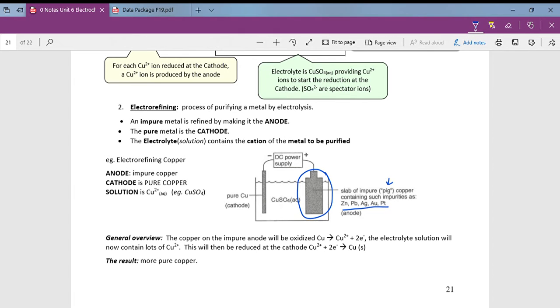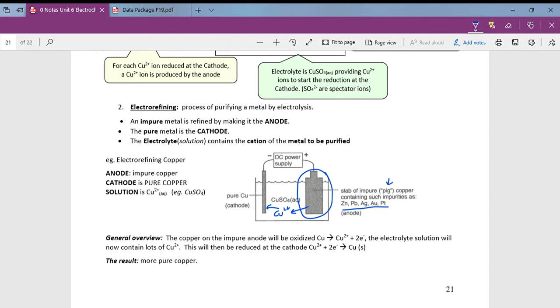So we would do what we were doing above, which is that we would have this be our anode, so it would be oxidized. The only reason we would do that is to get these copper ions out of the pig and into the solution. And then we would reduce them onto the cathode so that we could get pure copper. So your anode would be impure copper, and your cathode would then be pure copper.